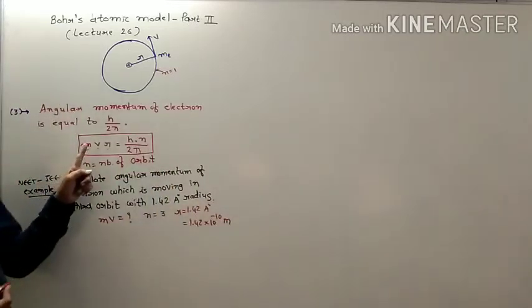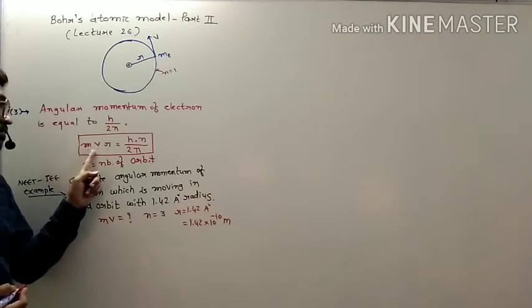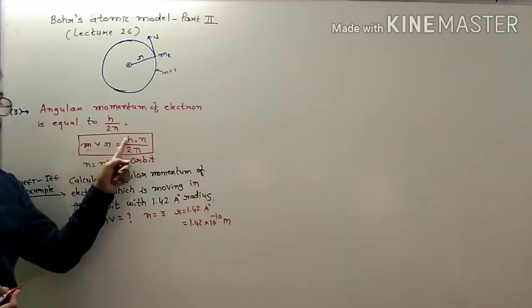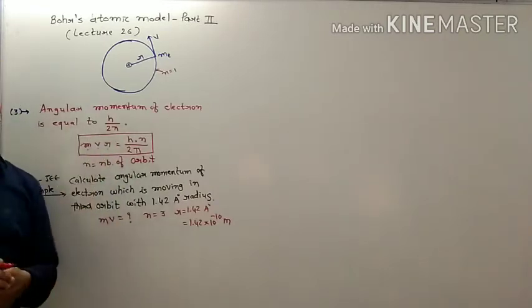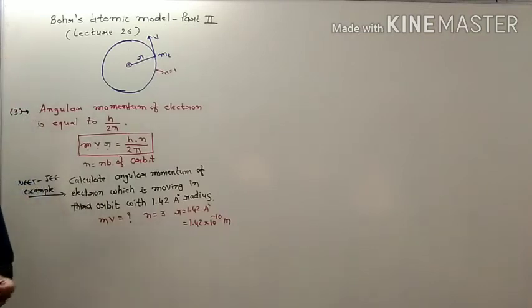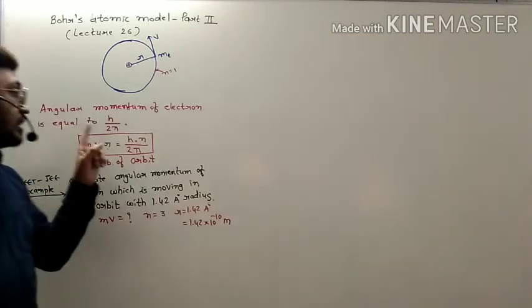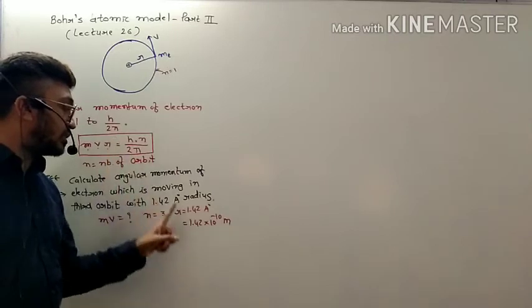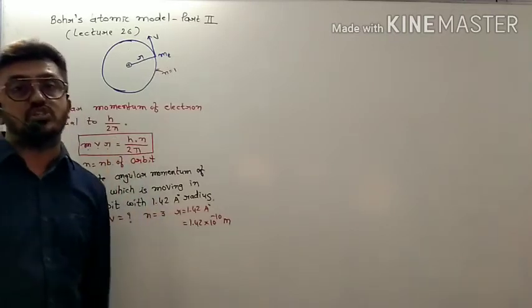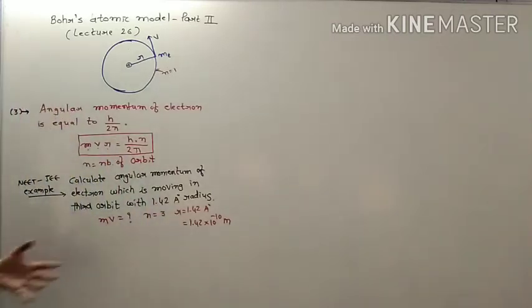Because if we want to calculate mv, and the Planck constant is used, the value of the Planck constant in joule is 6.626 into 10 raised to minus 34. If we use the Planck constant in joule, then we convert the radius into meter: 1.42 into 10 raised to minus 10, and we have to find mv. The formula is here: mvr is equal to nh upon 2 pi.